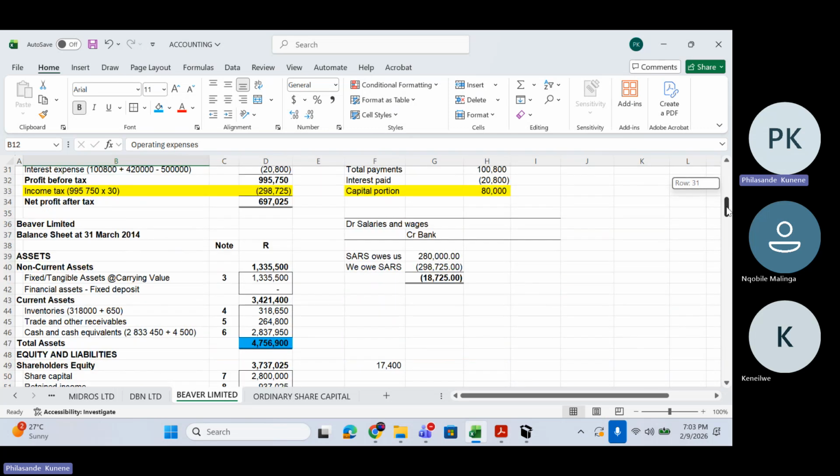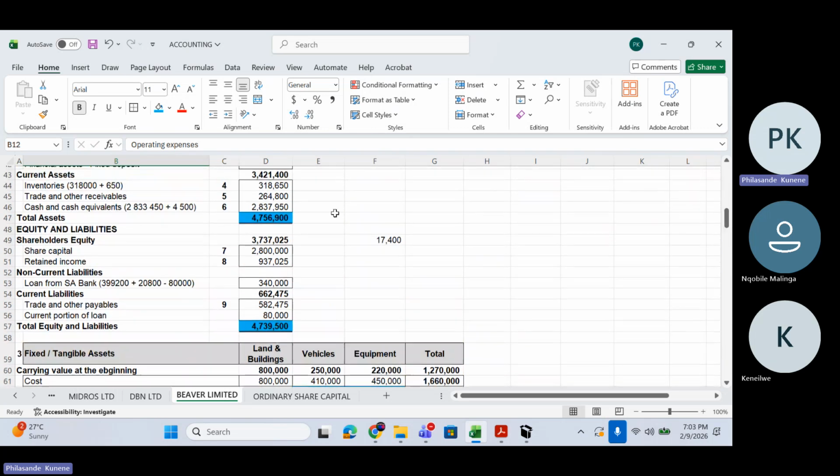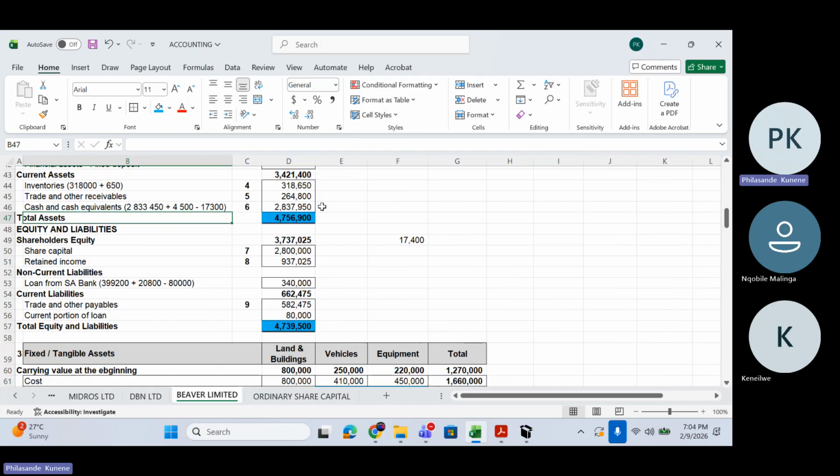17,300 rands, which we need to subtract from our cash and cash equivalents, where it was not subtracted. So I'm going to come here and say minus 17,300. Okay, and then how much are we going to get?